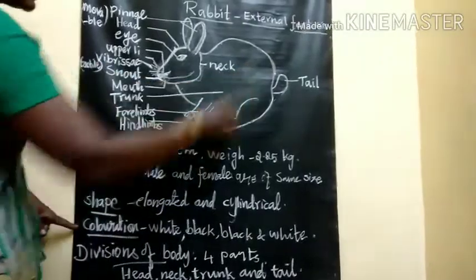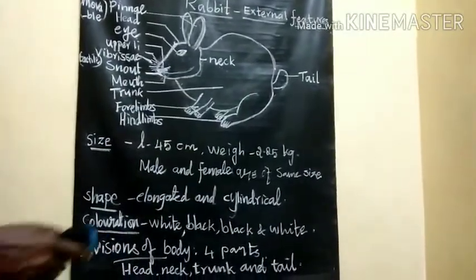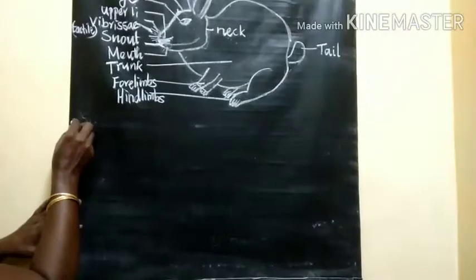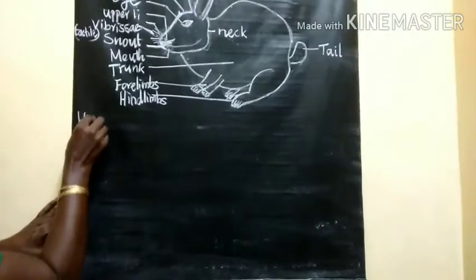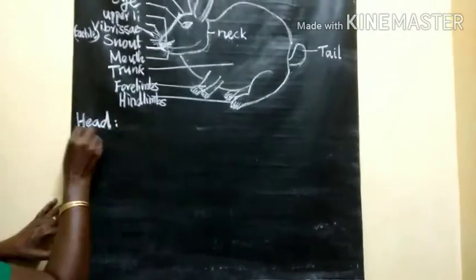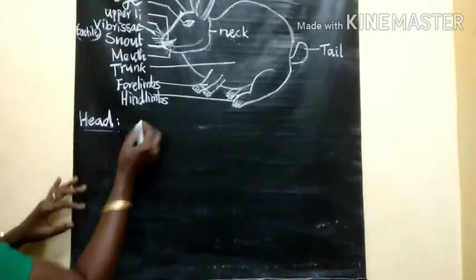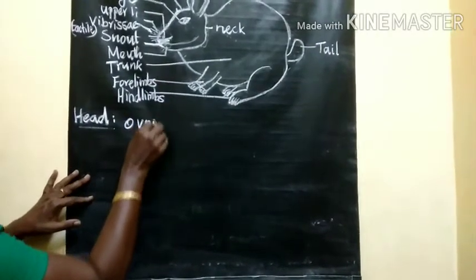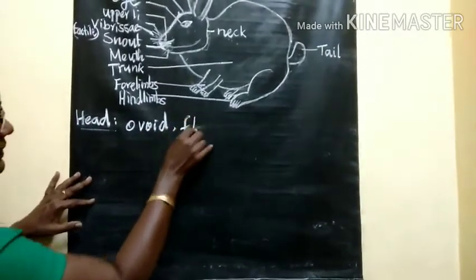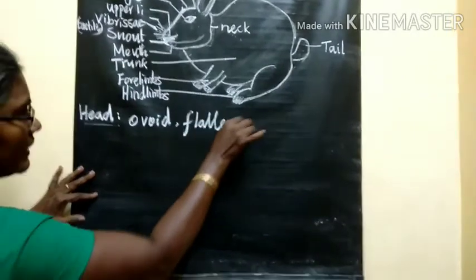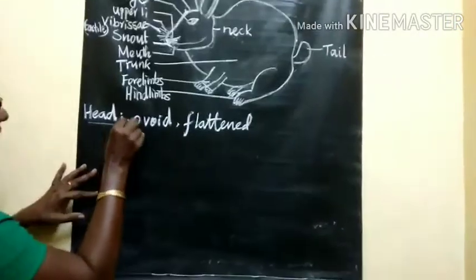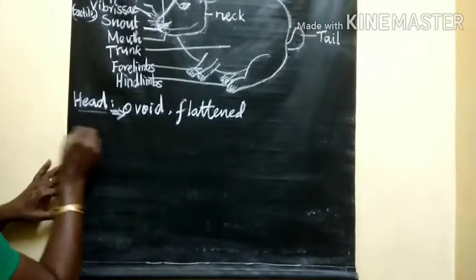Then the trunk region. Again, let's recall the points about head. The head is oval and flattened. And the organs of the head.